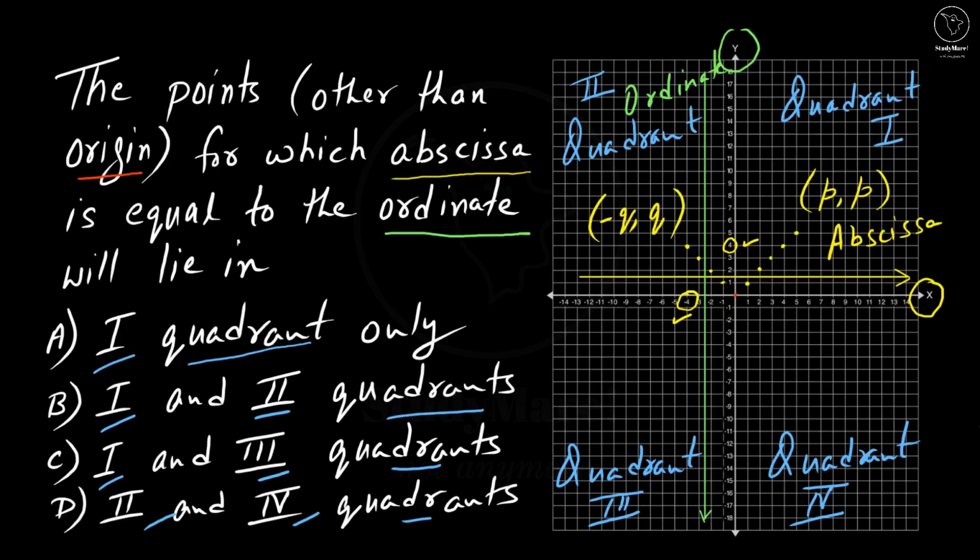Moving on to the third quadrant, we have this point as -1, -1. Then we have -2, -2, -3, -3, -4, -4, and so on.